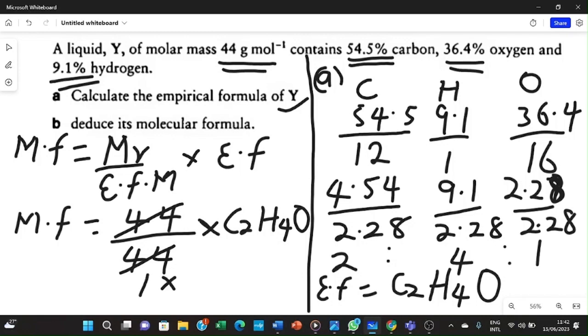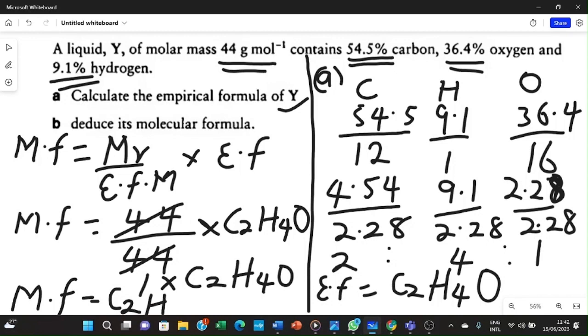So it will be 1 times C2H4O. So the molecular formula is equal to C2H4O. You can see that the molecular formula and the empirical formula are the same. As you can see, it's as simple as ABC.